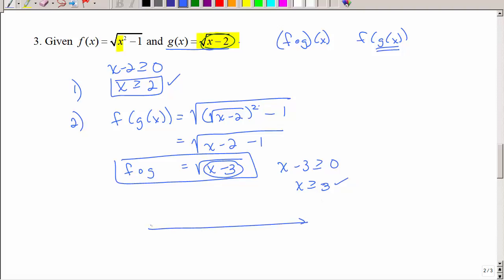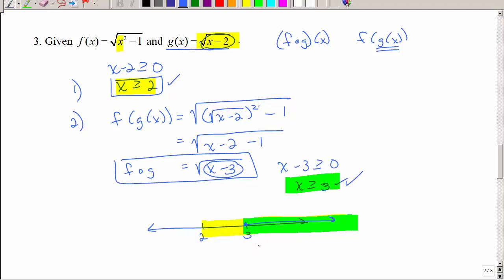Let's look on a number line. Here's 2, here's 3. This says x can be all of those numbers. This says x can be all of those numbers. Where do those overlap? What is the most restrictive domain? Only this part.